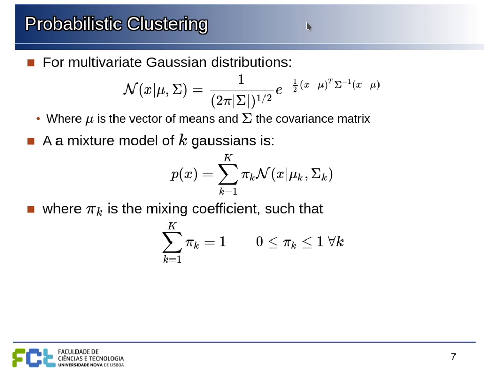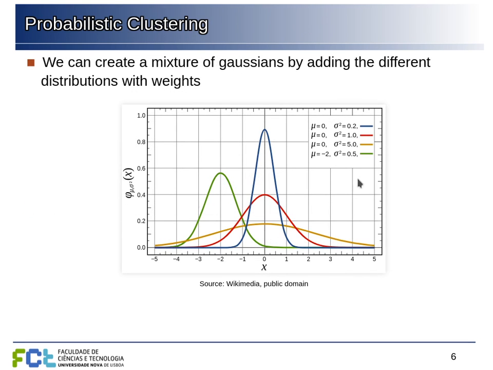But what we can do with this is, if we have a set of Gaussian distributions, we can add them and have some more complex distribution, which is the sum, the mixture of different Gaussians. And we can add different Gaussian distributions with different weights.